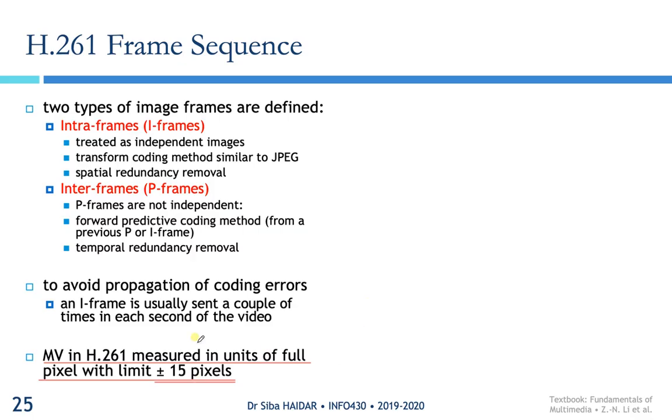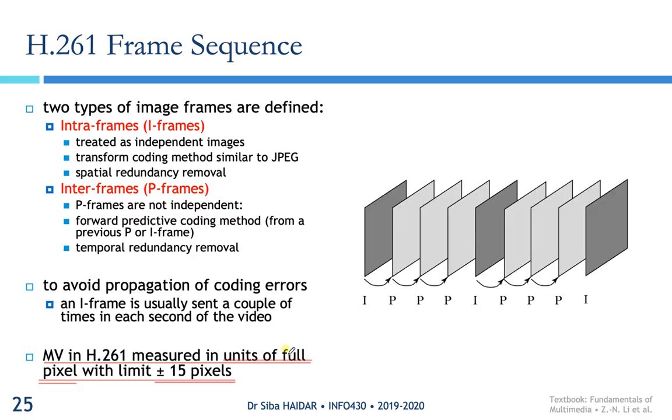You cannot find a motion vector of, let's say, 2 pixels and a half in horizontal and 5 pixels in vertical. You cannot have decimals over the pixels, so you take the pixels in full units. Why do we mention this? Because in later versions of coding standards, we can have decimals over pixels.